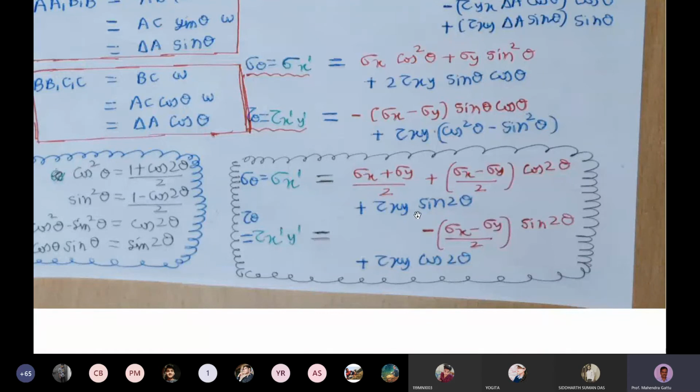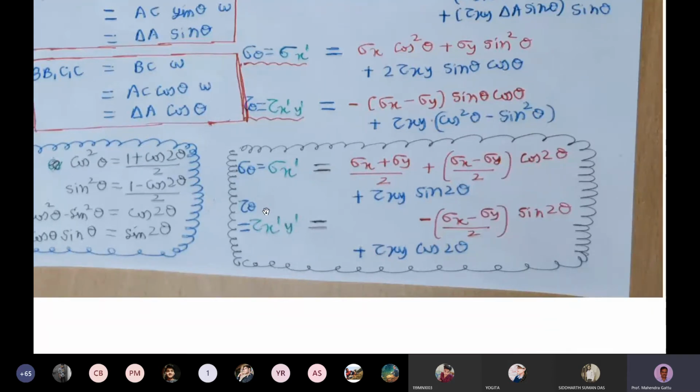So we will get here tau xy sin 2 theta, and sigma x plus sigma y by 2 plus sigma x minus sigma y by 2 cos 2 theta. This is for sigma theta. And tau theta, which is tau x prime y prime for this specific case, is minus of sigma x minus sigma y by 2 into sin 2 theta and tau xy cos 2 theta.